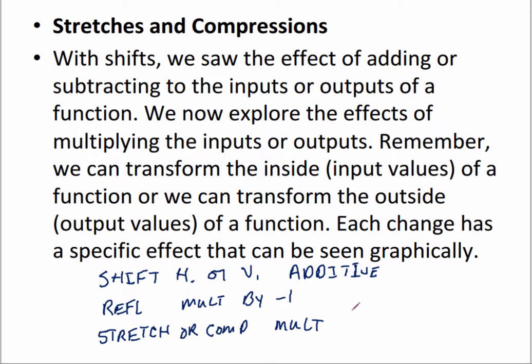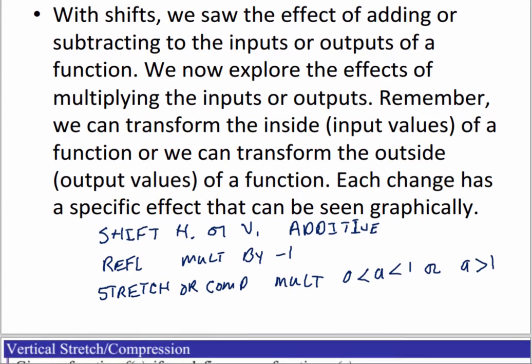Generally speaking, we'll look at numbers between 0 and 1, some scaling factor we'll call A, or some number greater than 1. It changes depending upon whether the number is between 0 and 1, or greater than 1, as to whether it's going to be a stretch or a compression. So let's get into this and see if we can actually breathe some life into this conversation.